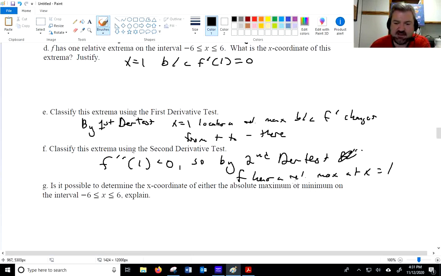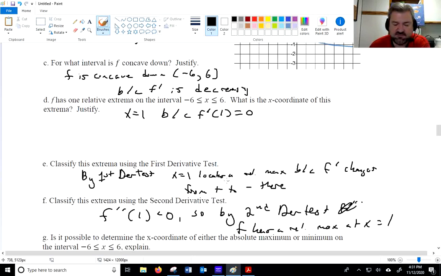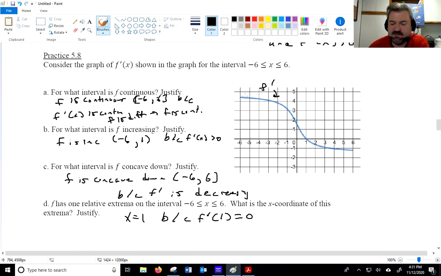Is it possible to determine the x-coordinate of either the absolute maximum or minimum on this interval? So we're asking, can we find the absolute max or the absolute min? Well, this graph is increasing the entire time until it reaches 1. And then it is decreasing the entire time after that.